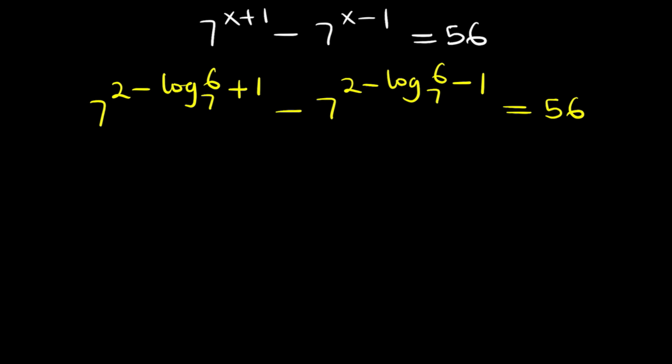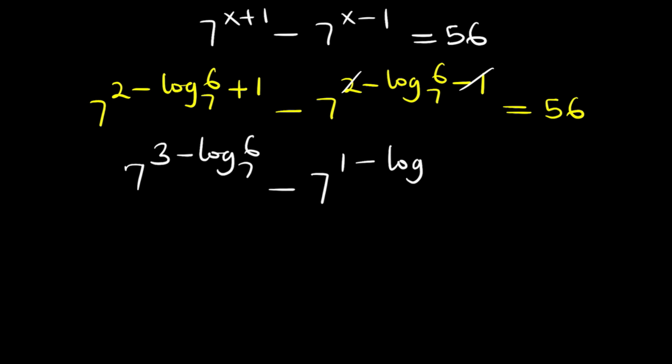So tidying the expression on the left up, we are going to have 7 raised to power 2 plus 1 is 3, then minus log 6 base 7, then minus 7 raised to power 2 minus 1 here is 1, then minus log 6 base 7 equal 56.